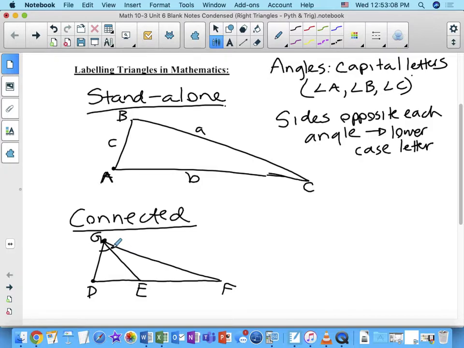So if I just wanted to talk about angle G, you wouldn't actually know which of those 3 I was referring to. So this system where we just use one letter to talk about an angle kind of falls apart because now there's ambiguity, right? It's ambiguous which angle we are talking about, okay? So what we have to do instead is for angles, we have to use 3 letters.